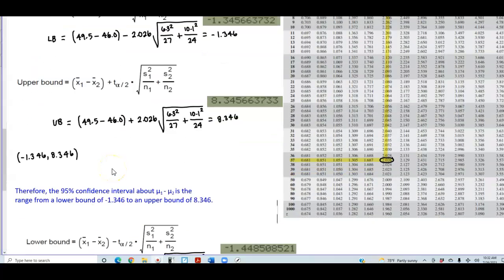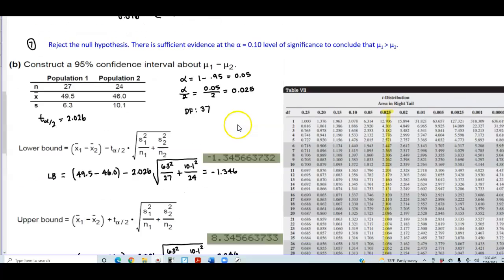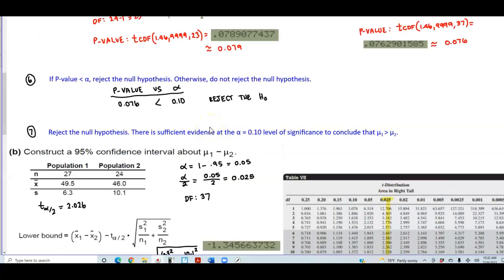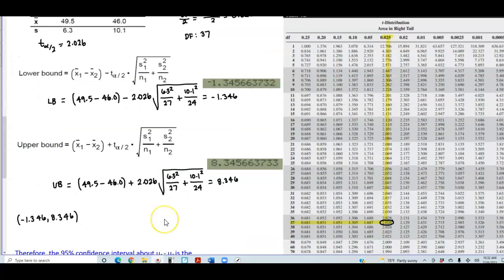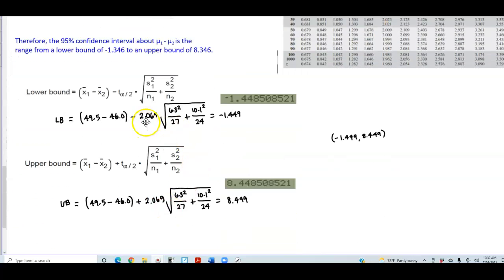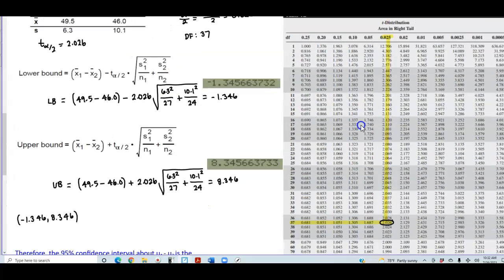Okay, and in addition to that, according to the instructions, we used the degrees of freedom of 37. Now if we used the degrees of freedom to be 23, we're going to get a different critical t value. How do we get that critical t value? We just do the same thing that we did over here. The only thing is that the area is still going to be the same, 0.025, but then we're using the degrees of freedom of 23.